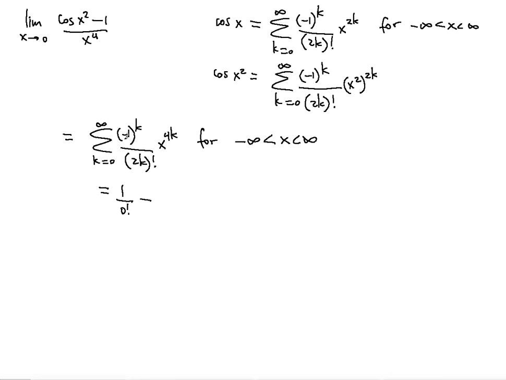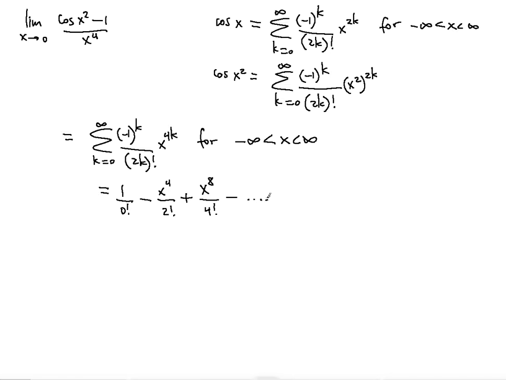Then minus, because we have alternating signs, k equals 1, so we'll have a minus x to the fourth, divided by 2 times 1 factorial, which is 2 factorial. And then plus, because of alternating sign again, k equals 2, so we have a positive coefficient, x to the 8th now, because 4 times 2 is 8, over 2 times 2 is 4 factorial. Etc., etc.